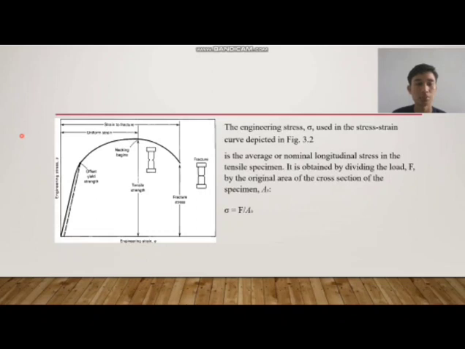It is obtained by dividing the load F by the original cross-sectional area of the specimen A0. Sigma is equal to F over A0.